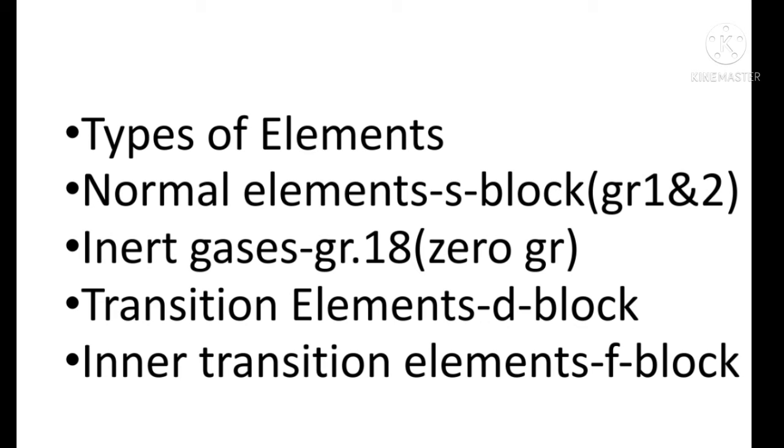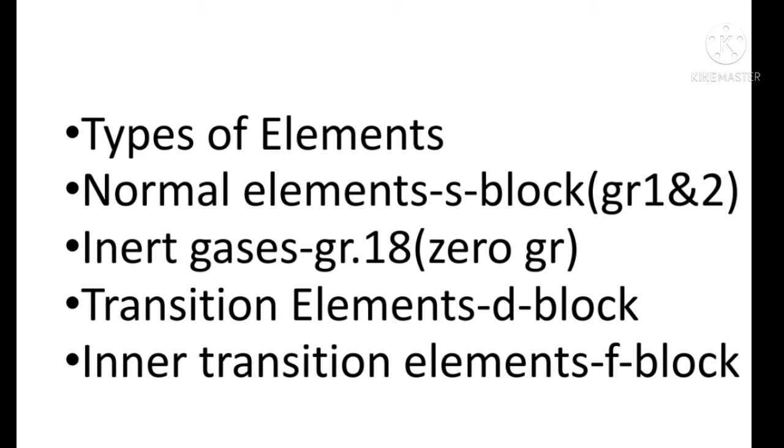Normal elements. The elements from the left side of the periodic table, from S block, that is from group 1 and 2, and elements from P block at the right side, from group 13 to 17, are the normal elements.